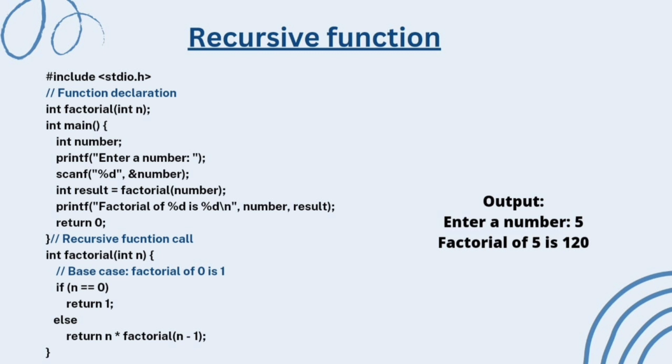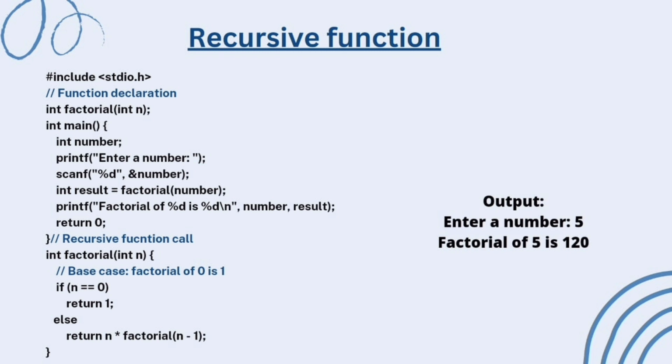We will see the last one, the recursive function. A recursive function is any function that calls itself again and again until the program satisfies some specific condition. We will see this function with an example of a factorial of a number, that is how to find the factorial of a given number. In this example, we will take the input from the user. First, as usual, by giving the header file, we declare our function. Our function name is factorial, of data type integer.